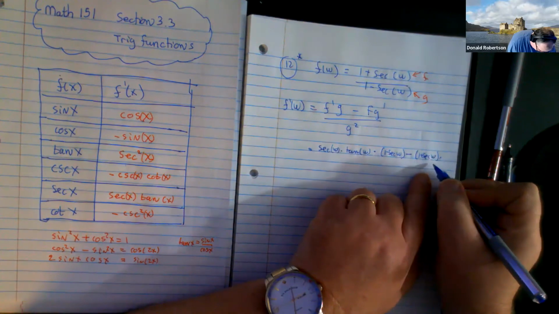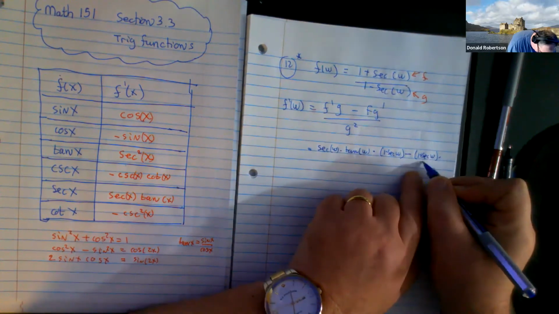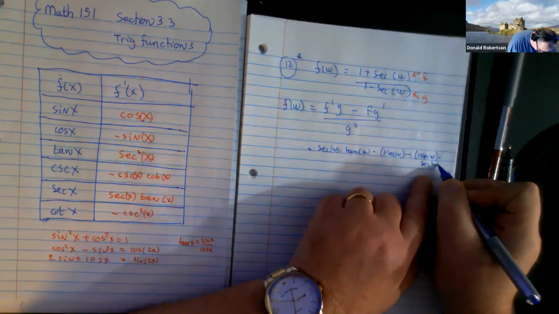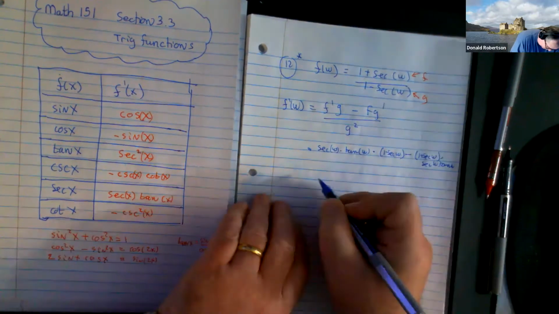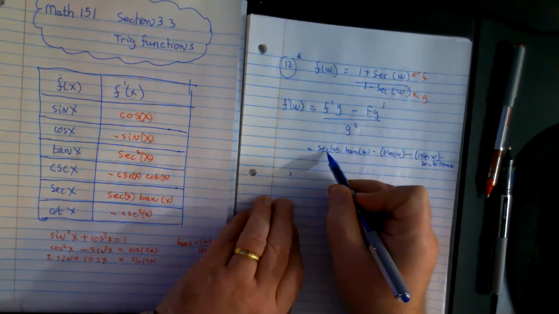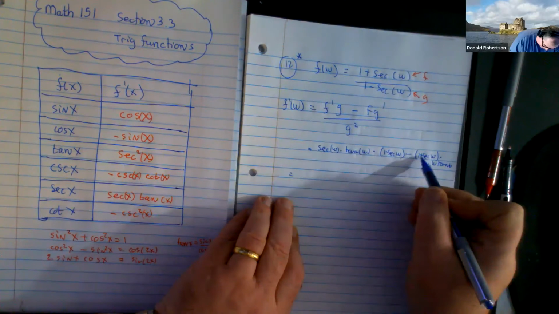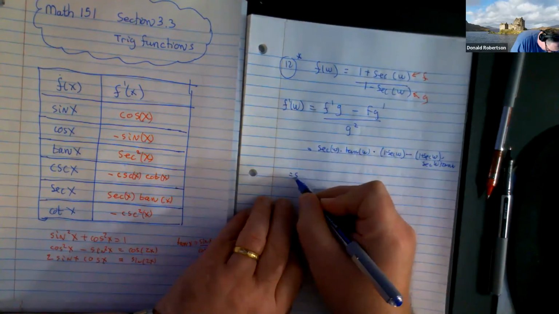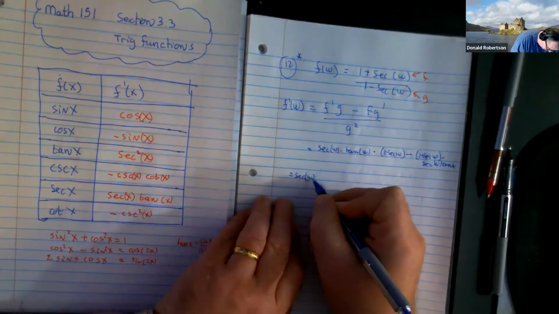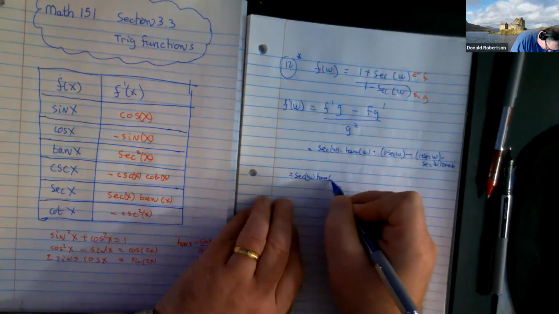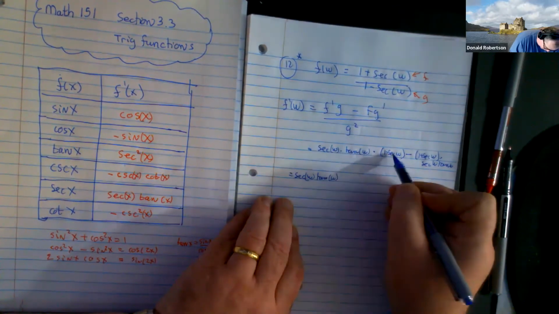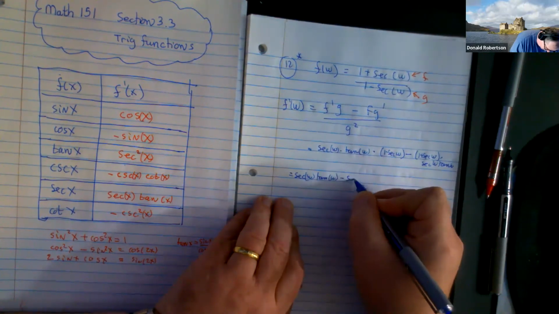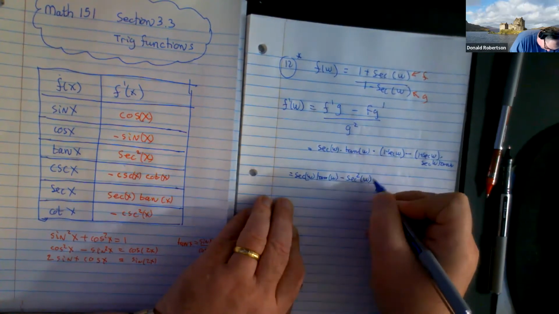And the secant gets me, I don't have enough room, so I'll have to squeeze it in here. Secant tan. So this guy times him, take away this guy times him. I'm going to distribute. Secant tan times 1 gets me secant tan. And secant tan times that gets me negative secant squared tangent.